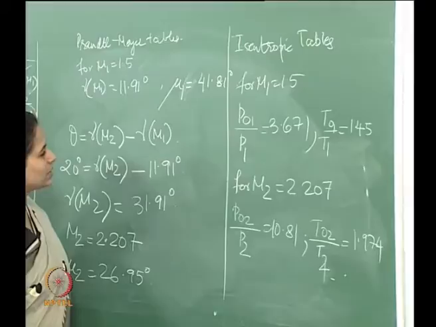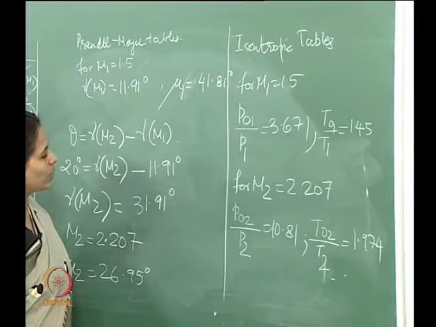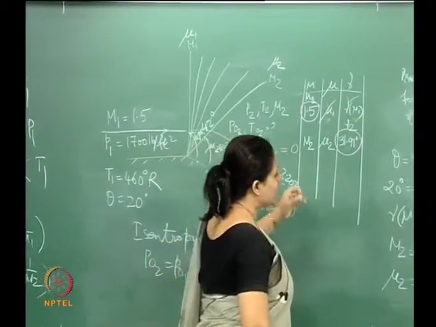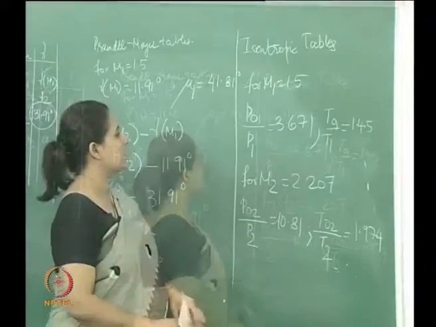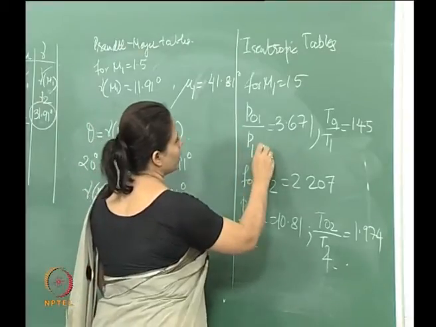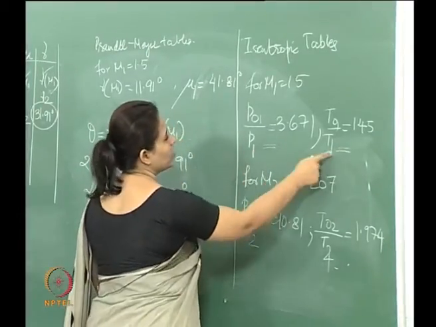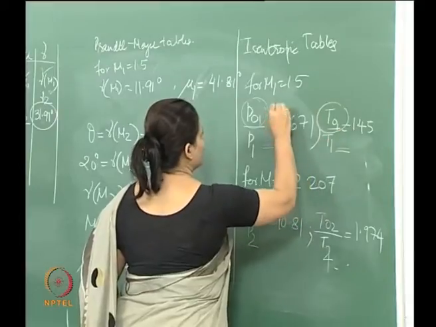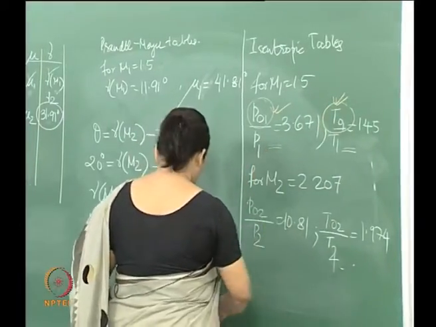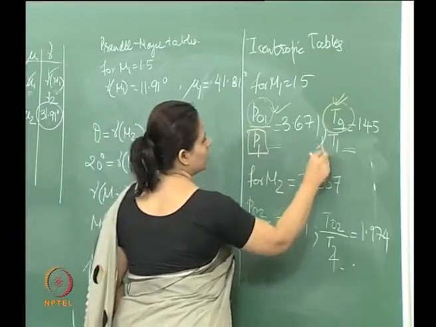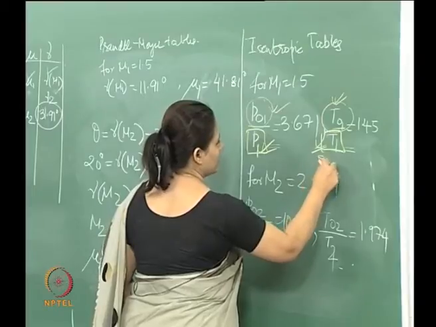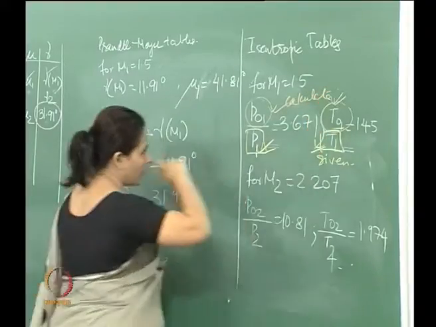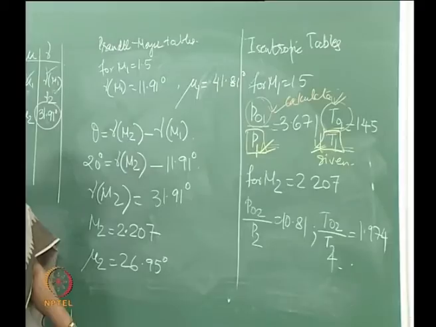What we see over here is that P 1 and T 1 are given. How do we incorporate that? From these two relationships, since P 1 and T 1 are given, these two can be calculated, P naught 1 and T naught 1. The main aim is we have to find out P 2 and T 2.